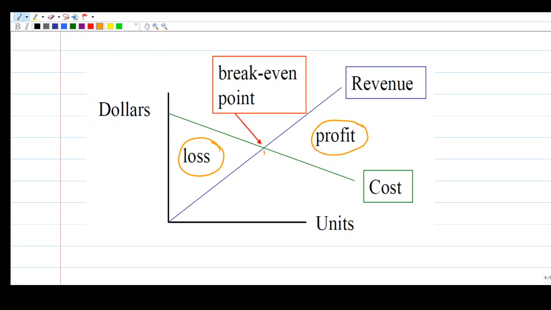But where the revenue function and the cost function intersect, at this point, it's break even for the business. It's a break even point.